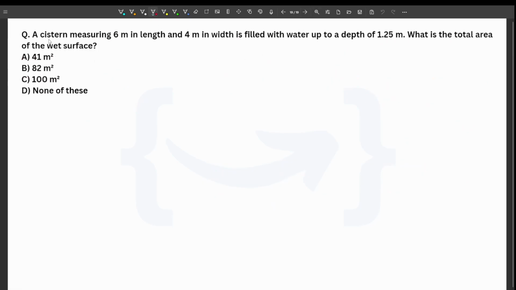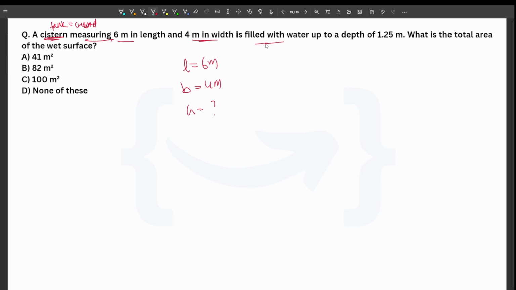Now, a tank. If someone talks about a tank, it means a cuboid, measuring 6 meter in length and 4 meter in breadth. For a cuboid, you have length as 6 meter and breadth as 4 meter, but you don't know the height.